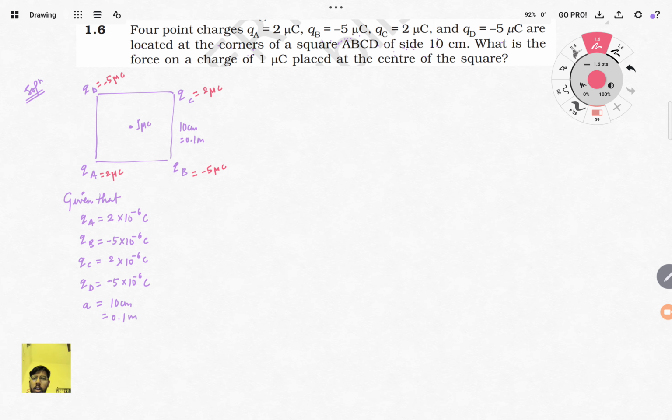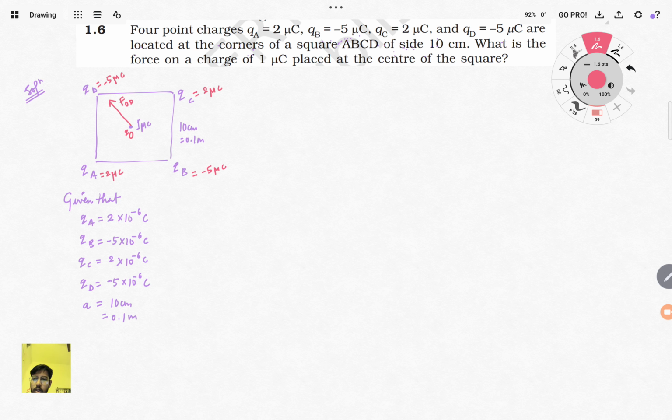So the force that is working here is an attraction force, right? So the direction of this force is in this side. Let's assume this charge is Q naught, so the force on O due to D is in this side, right?